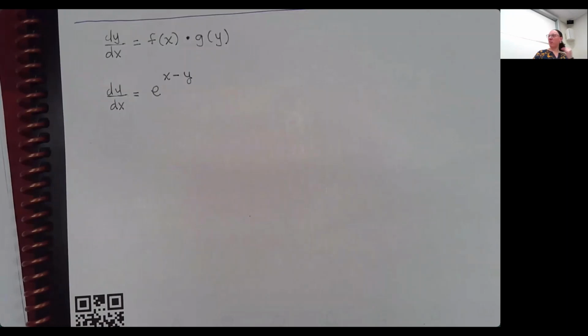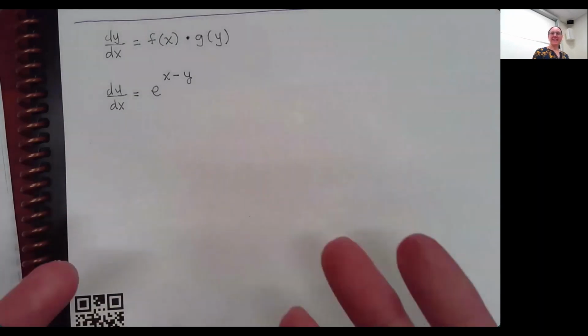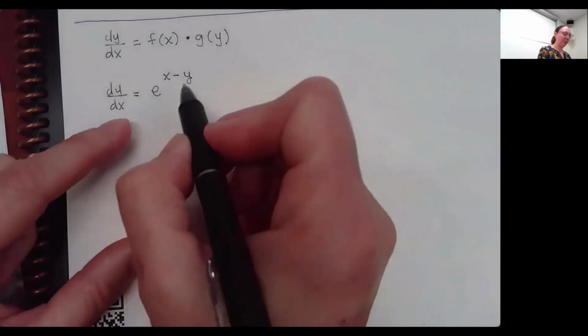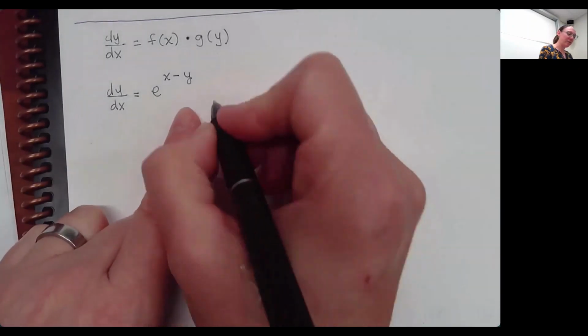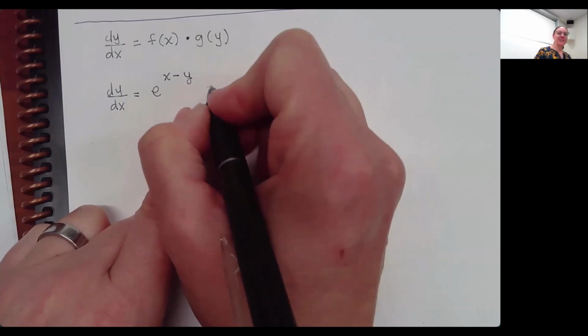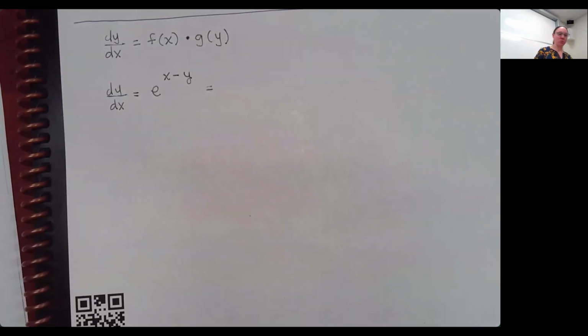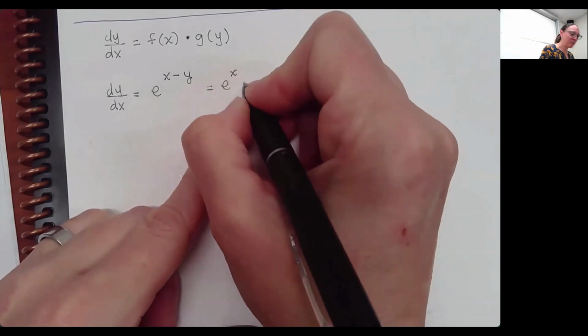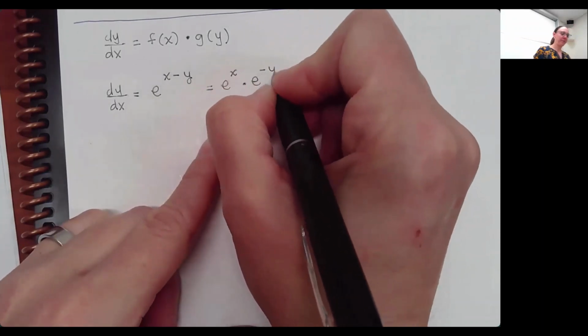But just like we've been practicing in the double integral part, problems that looked like this came up as examples for our double integrals. And one of the tricks to make this a little bit nicer is to undo that exponent rule and write this separately as e to the x times e to the negative y.